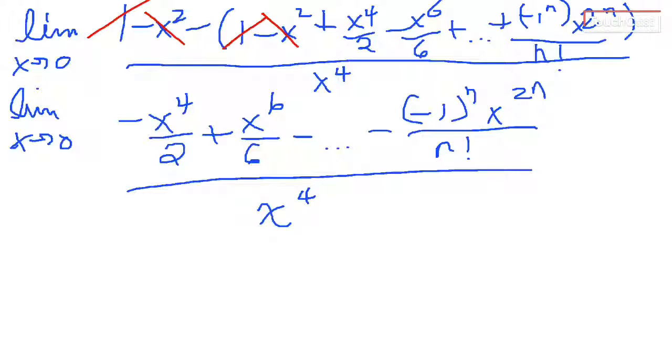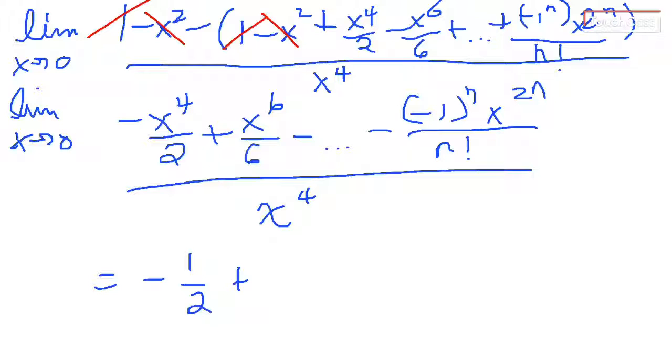Well, this term, negative x to the 4th over 2 divided by x to the 4th, that makes negative 1/2. And then look at what happens to the rest of these terms. Look at that numerator. So I'm looking at x to the 6th divided by 6.